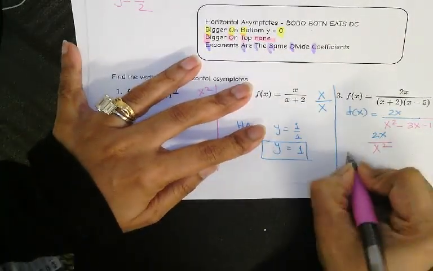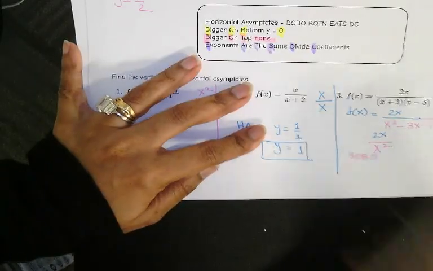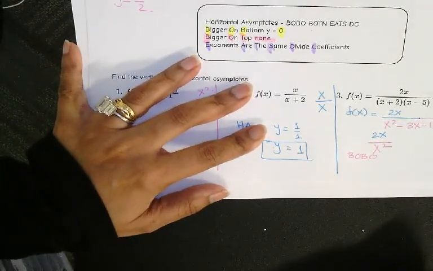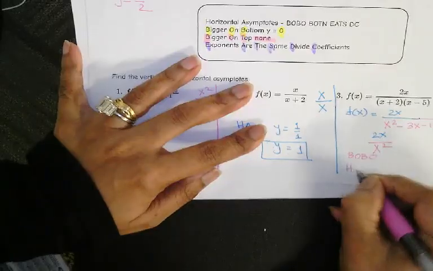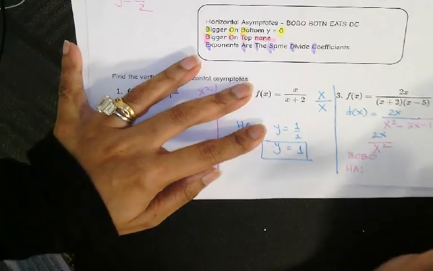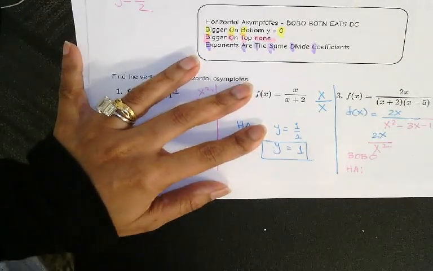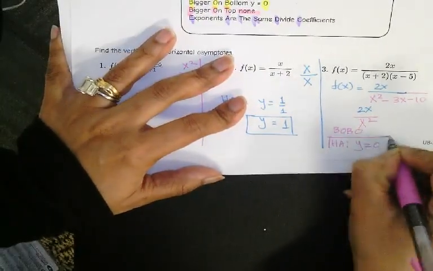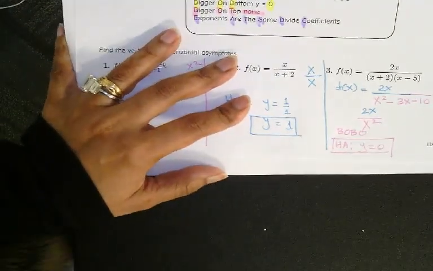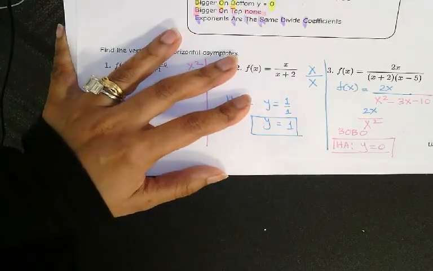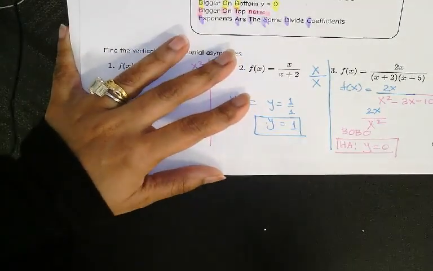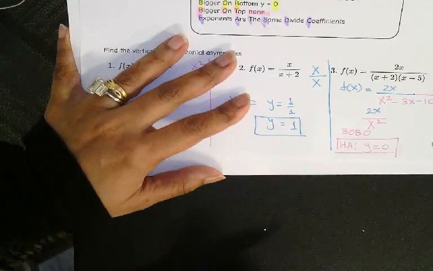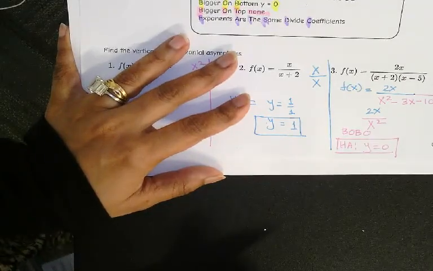So this is BOBO. What's the horizontal asymptote now? Y equals 0, not 0. An asymptote is a line, so it has to be y equal to 0. Any question on this one? You are going to use this almost every single day, so you really have to get used to it. Any question on this? Let's move on.